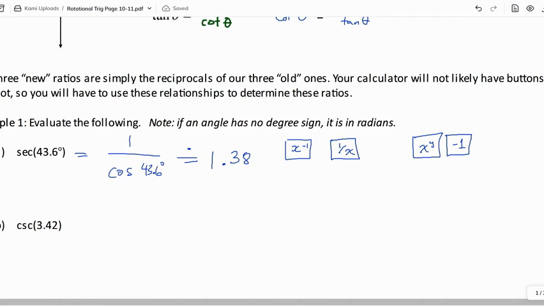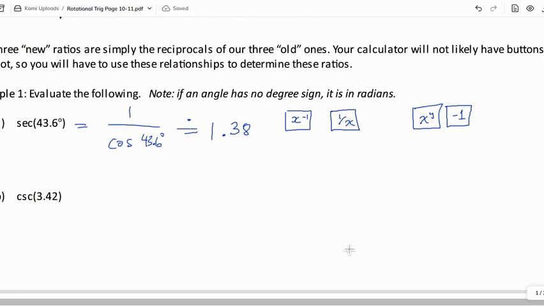I got the wrong answer. Okay, so I want to show a possible calculator error. I had a student do this. The student put that in, pressed -1, which essentially is this.